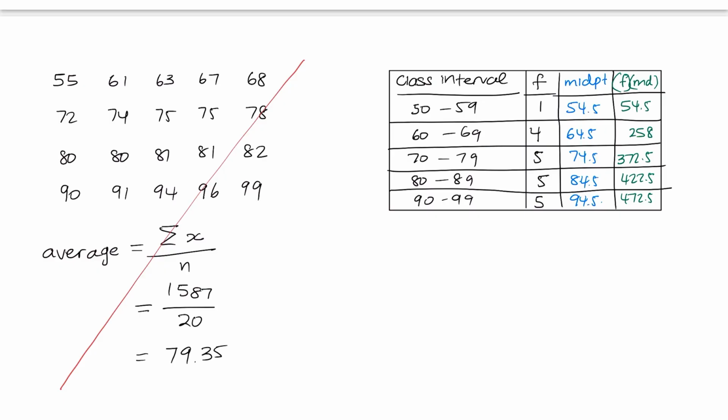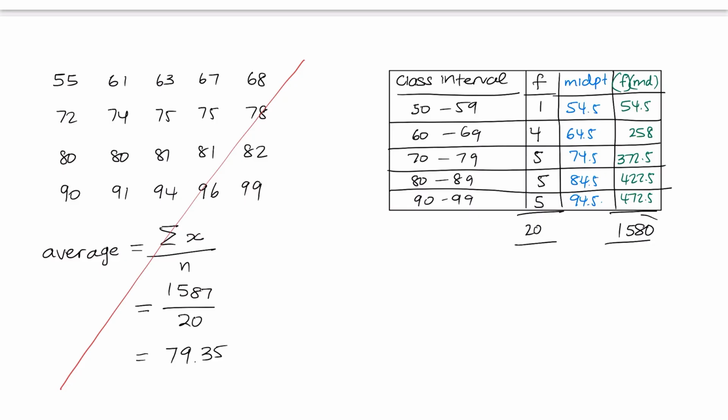Now we're nearly done. All we've got to do is add up all of these and all of these. If you add up all of this, you're going to get 20. There were 20 values. And if you add up all of that, you are going to get 1,580.